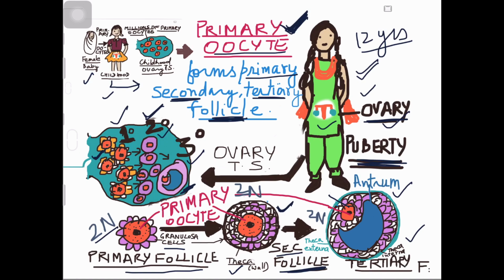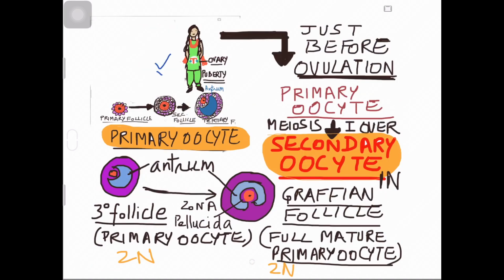So during puberty period, the primary follicle, secondary follicle, and finally tertiary follicle were formed ultimately, and all these contain, can you see these orange colored cells inside? This is the 2n primary oocyte lying over here in the follicles, isn't it?